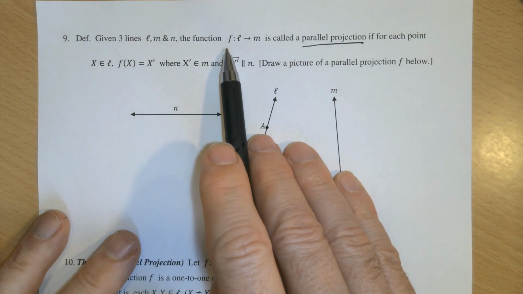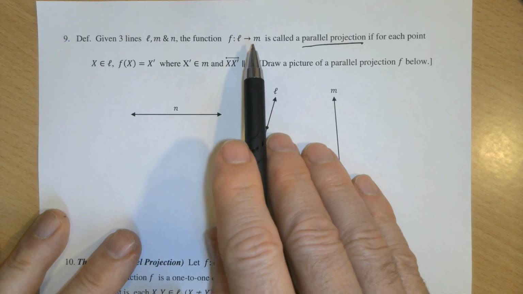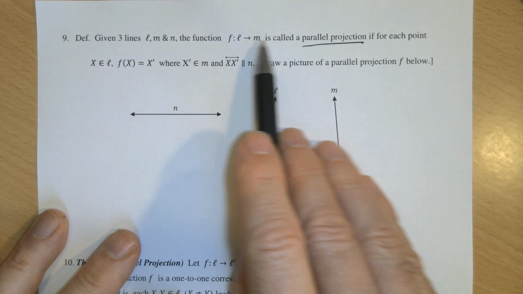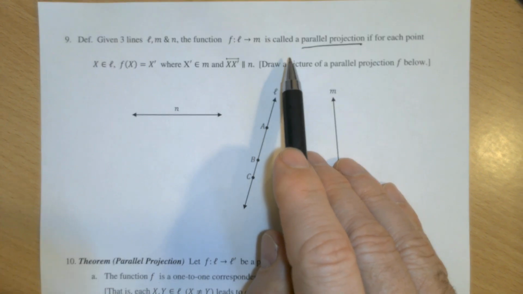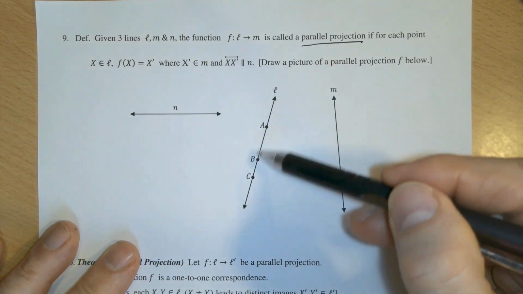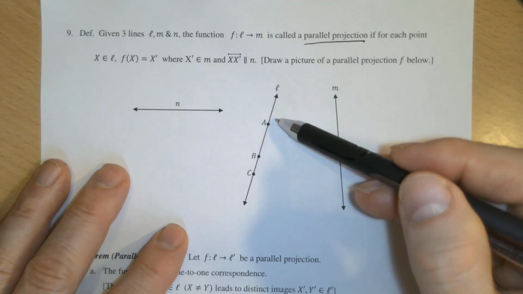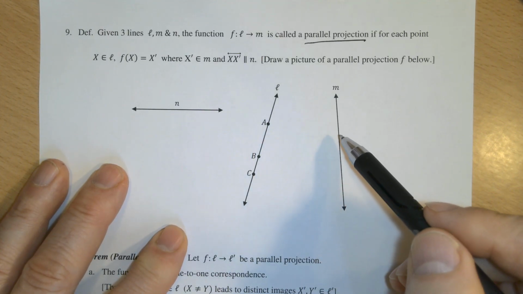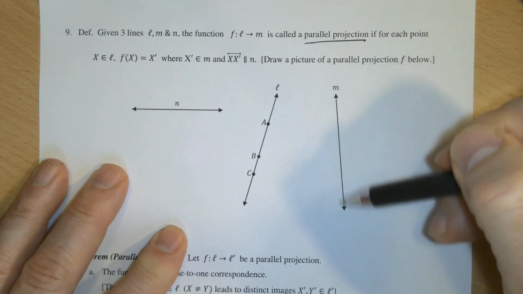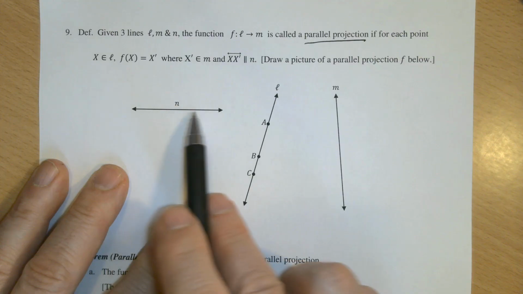The function f that maps line L into line M, which means any point on L will get mapped to a point on M, is called a parallel projection if for each point x on the line L, f of x is going to give us a point x prime, where x prime is on the line M, and the line x prime is parallel to this one.